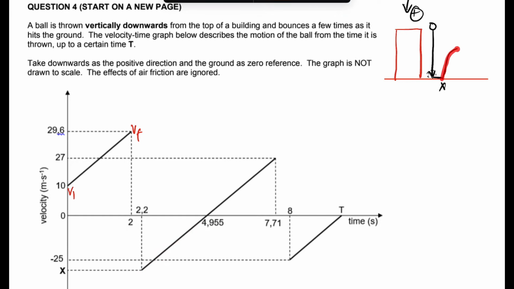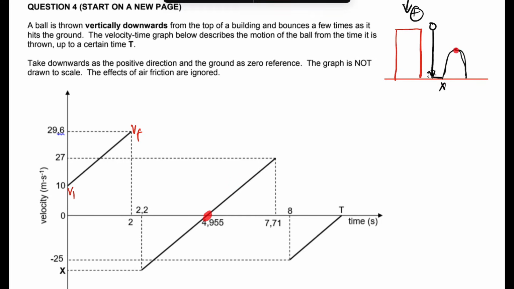Then it continues to go back down and increases its velocity in the positive direction. So here's the increase in velocity in the positive direction after the maximum point.